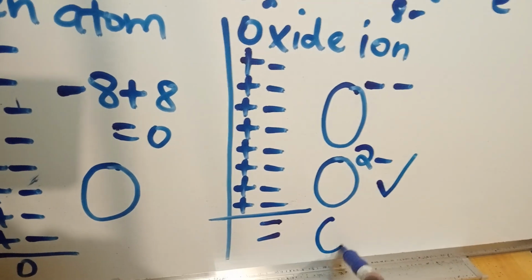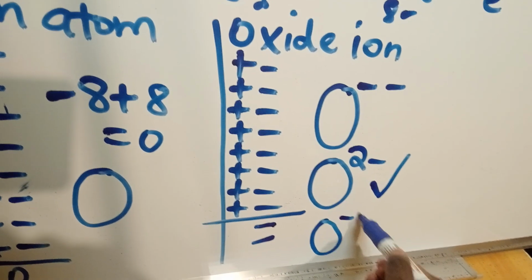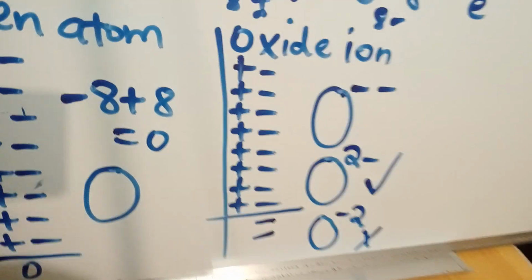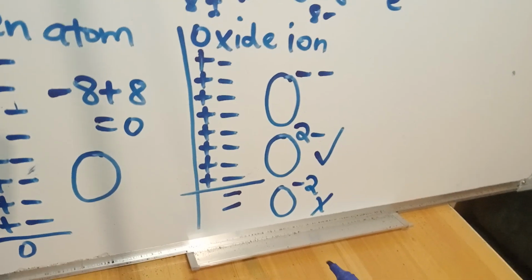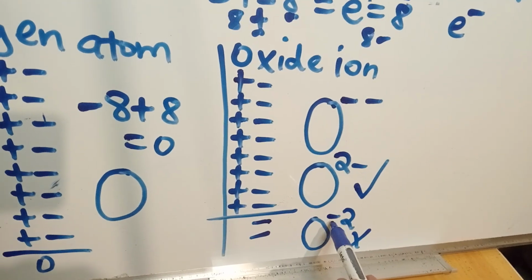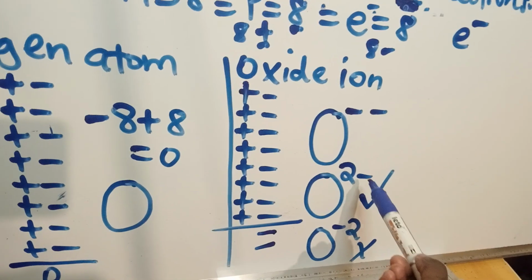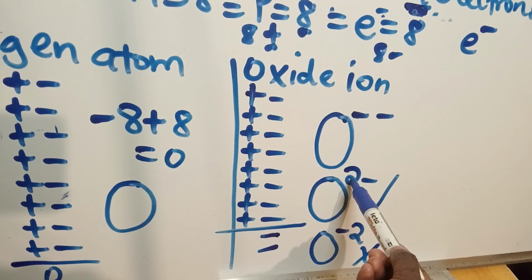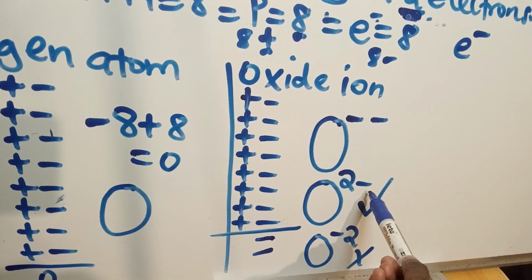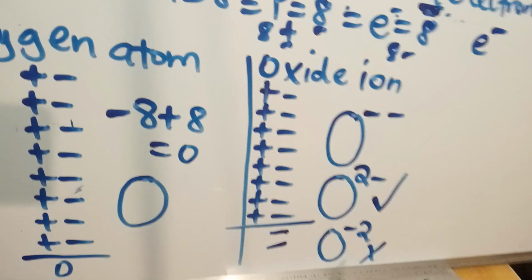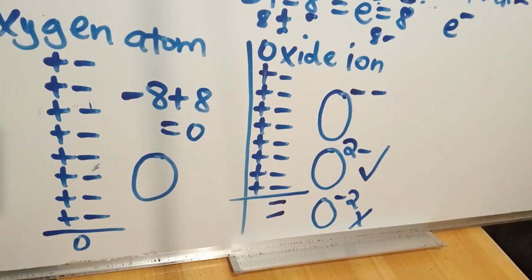If you find yourself writing a -2, you fail. Because when you begin with the charge and then the number, that is the oxidation number. But for the charge, you must begin with the number followed by the charge. So that is all that you are going to have.